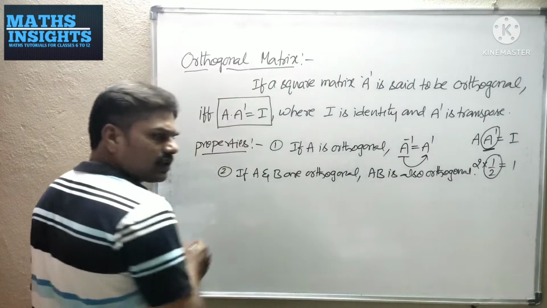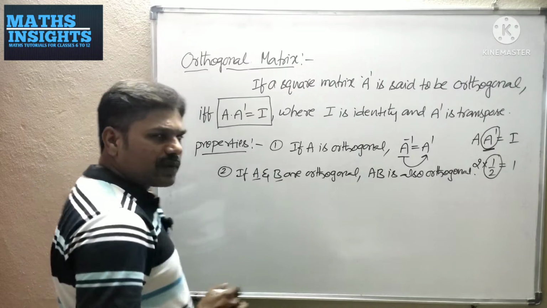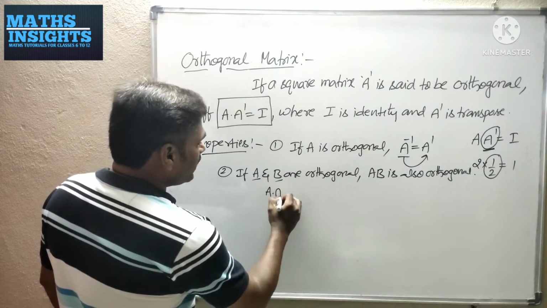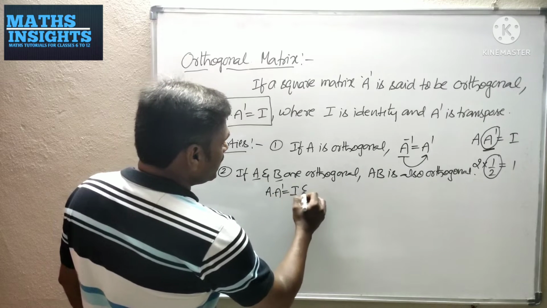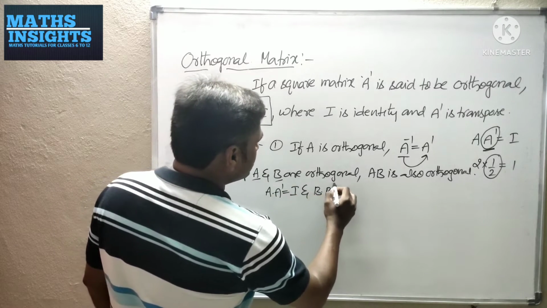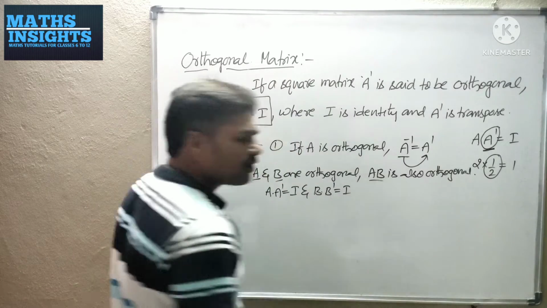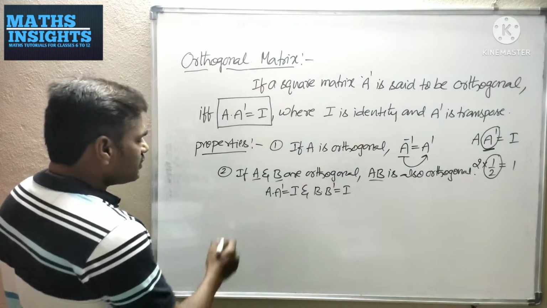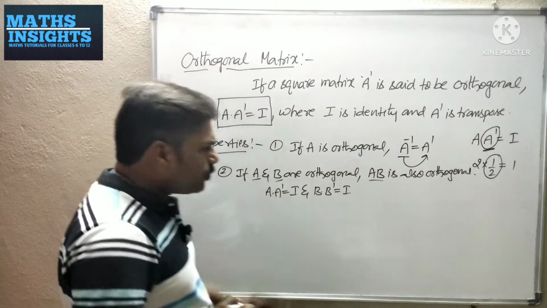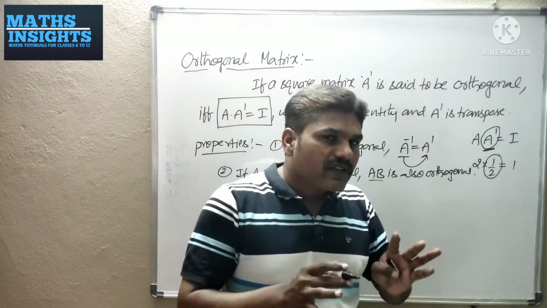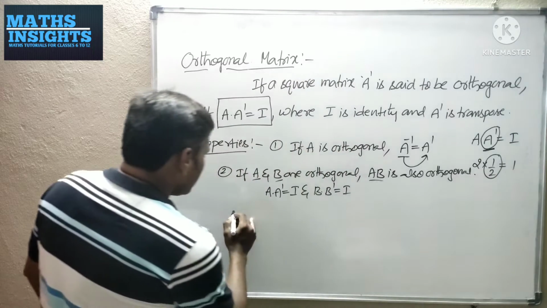Very simple. You have taken two square matrices A and B, and which are orthogonal means A into A dash is equal to I and B into B dash is equal to I. You have to prove that AB is also orthogonal. Very simple. If you want to prove AB is orthogonal, you have to multiply that matrix with its transpose.